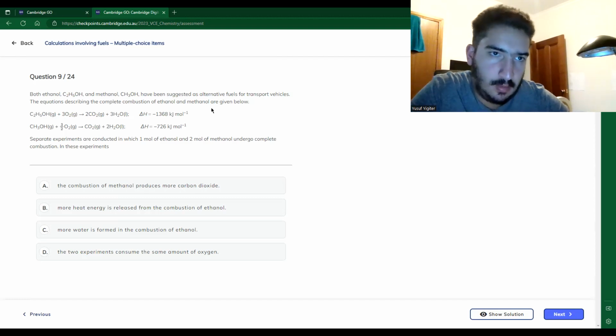Unknown over known, 2 times by 2 is 4. So unknown over known times by 1, that's 2. So they're the same. So no, they don't. They produce the exact same carbon dioxide. More heat energy is released from the combustion of ethanol.